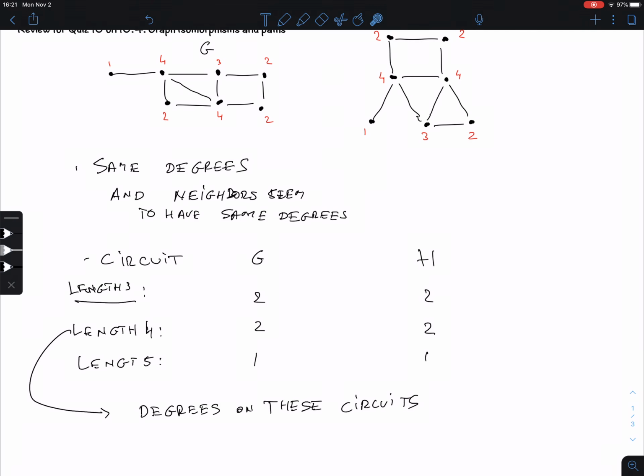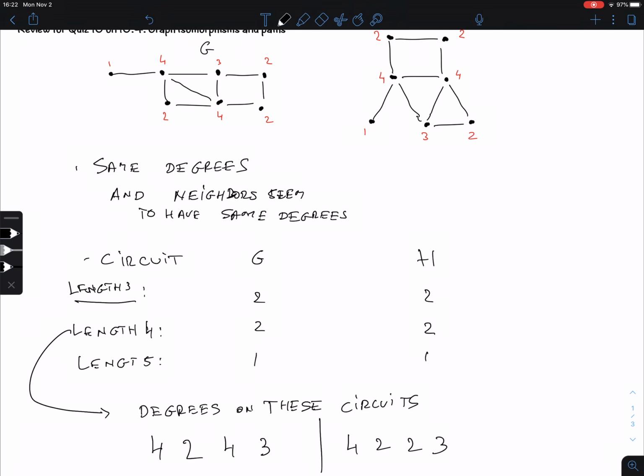So this one is 4, 2, 4, 3. That's one of them. And the other one, I can start at this 4: 4, 2, 2, 3.